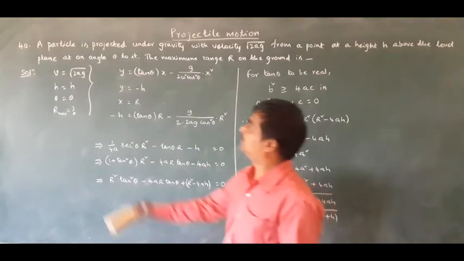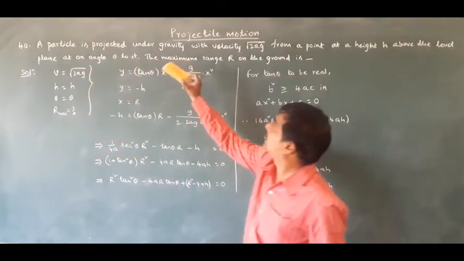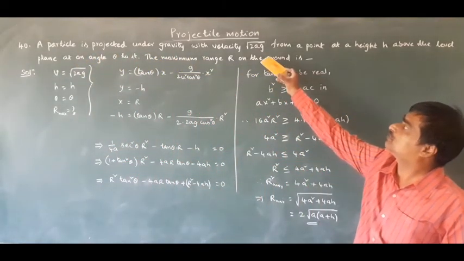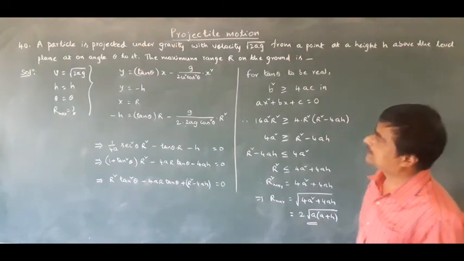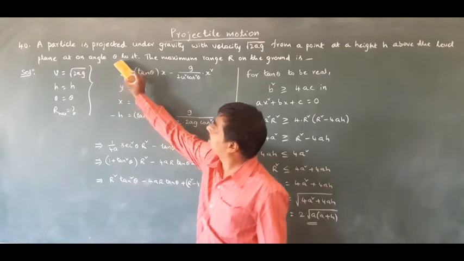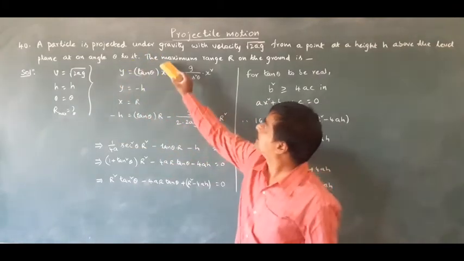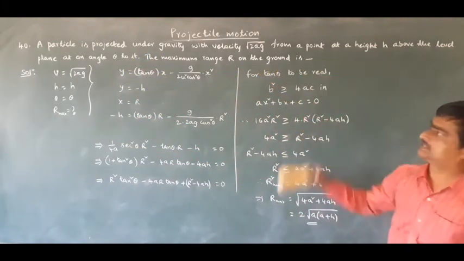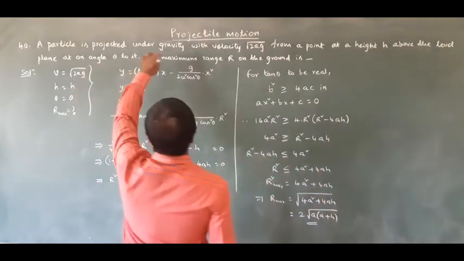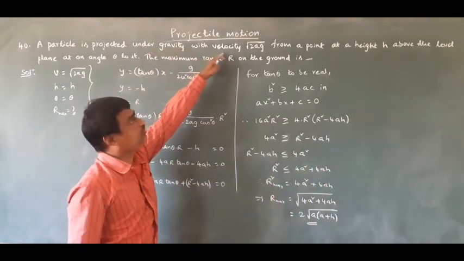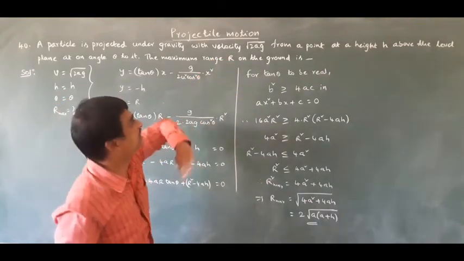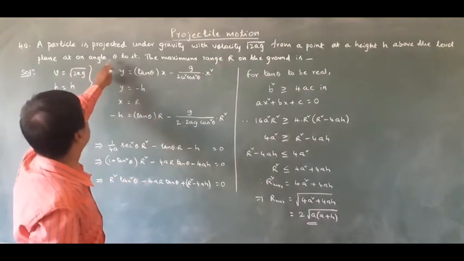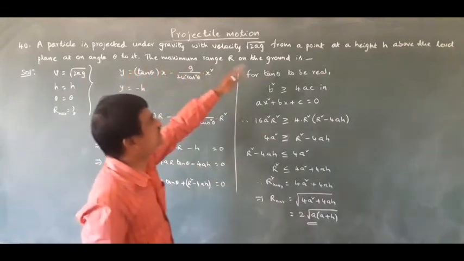See the next problem. A projectile is projected under gravity with velocity root 2 ag from a point at a height h above the level plane at an angle theta to it. What is the maximum range on the ground?